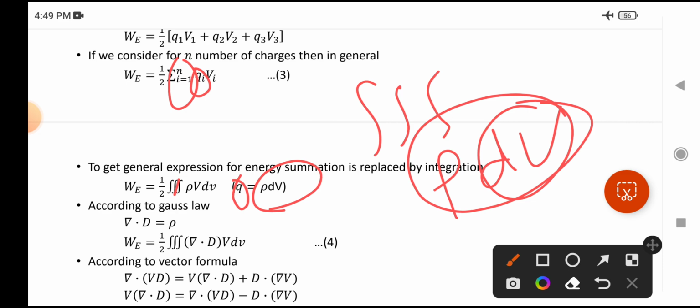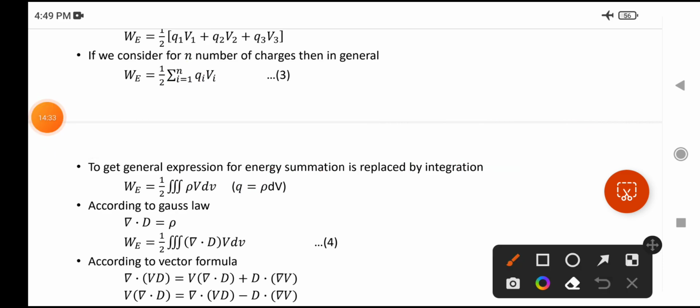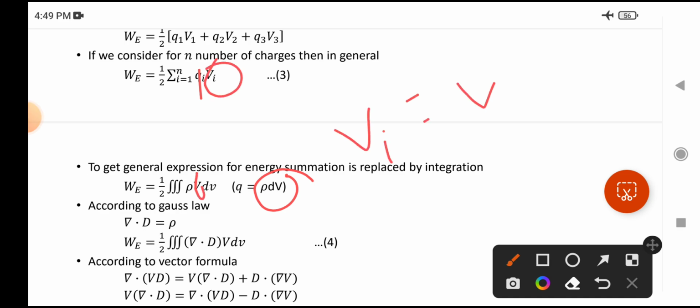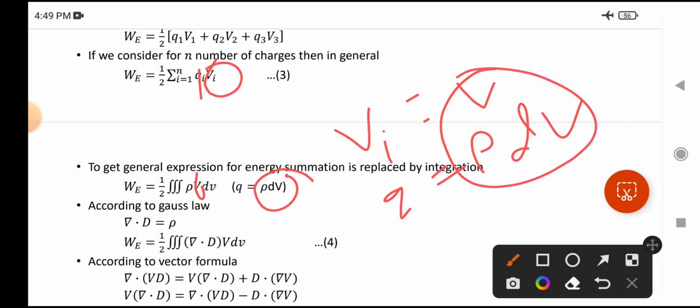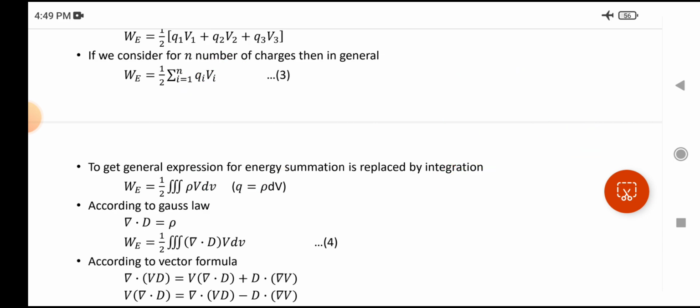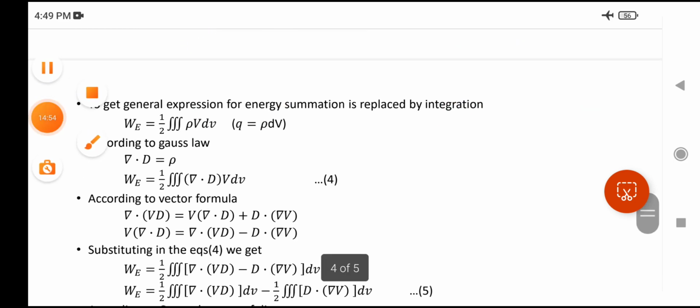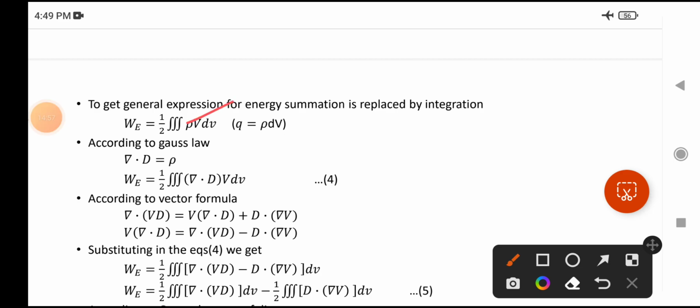In the place of V_i write V only, and in the place of Q, rho dV. Substitute these values here, then what do you get? You get this.